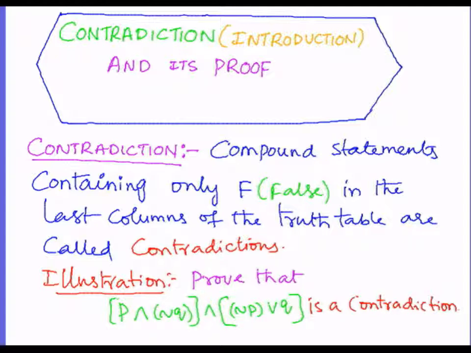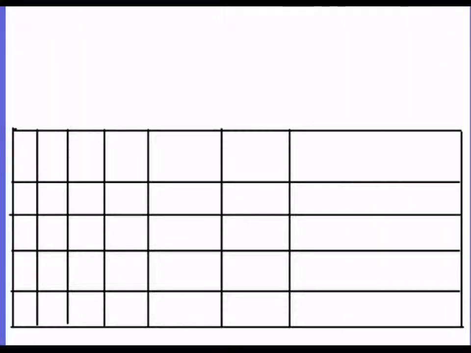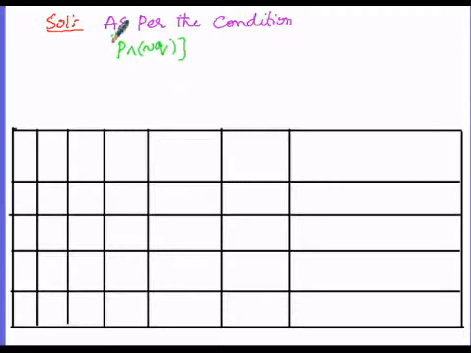Then now the solution starts. In our solution, as per the condition that is given to us, we have P and negation Q within the first square brackets and negation P or Q. So this is the first statement and this is the second statement.